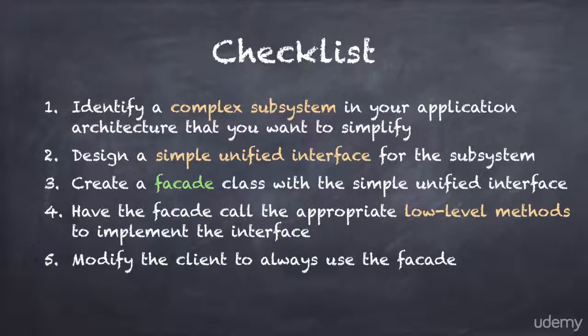Create a facade class with the simple unified interface. Have the facade call the appropriate low-level methods of the subsystem to implement the interface. And finally, modify the client to always use the facade.